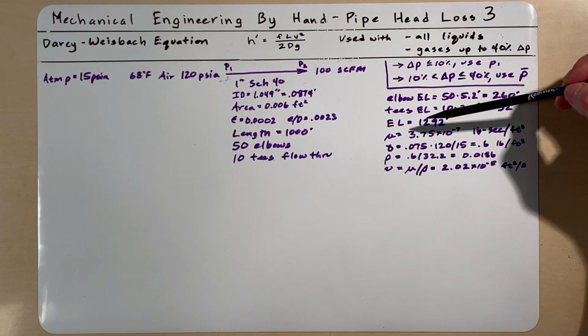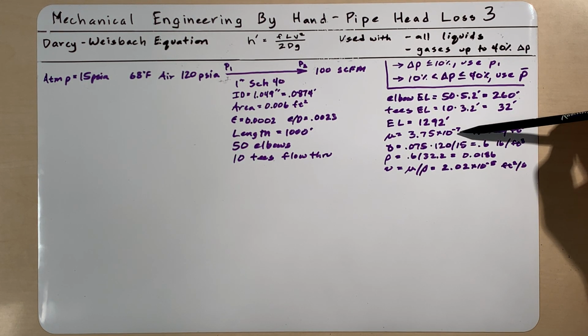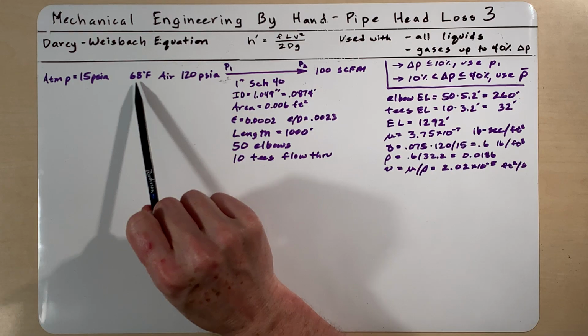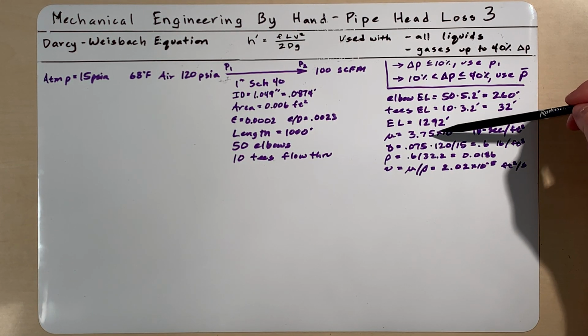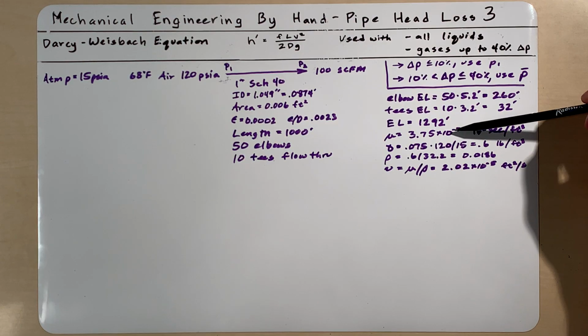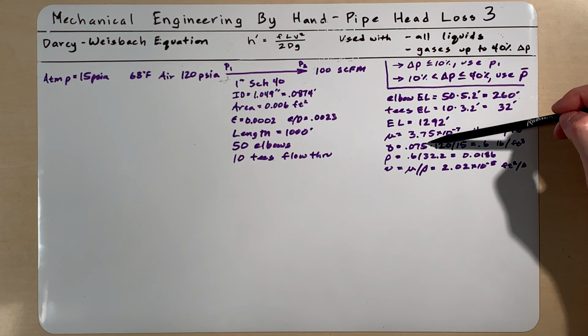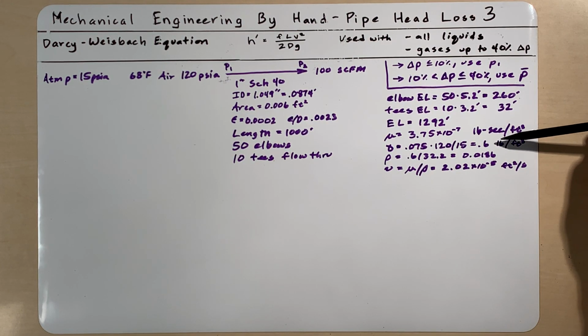And the absolute viscosity of air, which is independent of pressure, so you only need to look at the right temperature. So for 68 degrees Fahrenheit, the absolute viscosity is 3.75 times 10 to the negative 7. And then the specific weight is the standard weight of air times the pressure ratio.